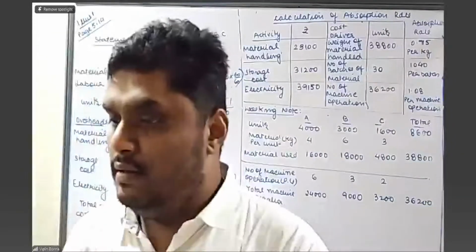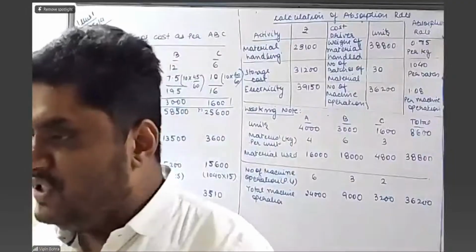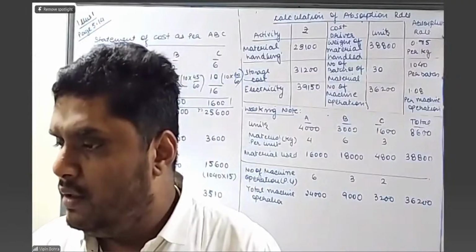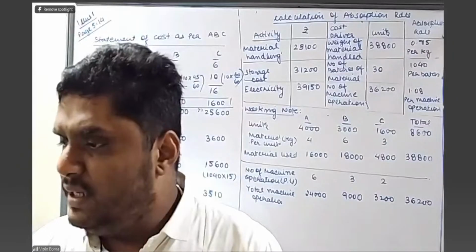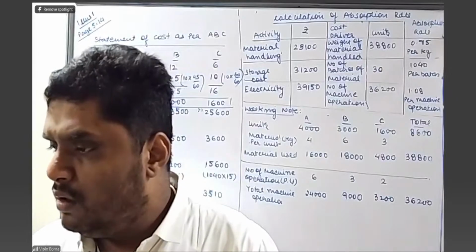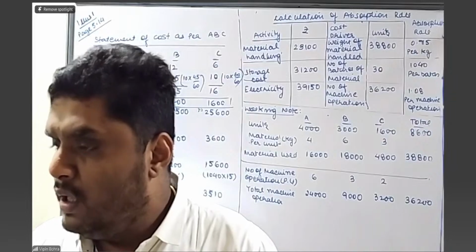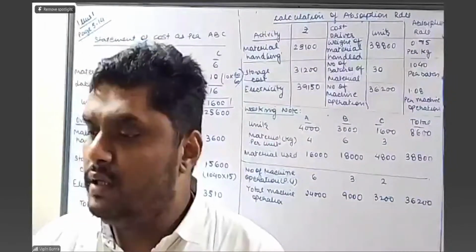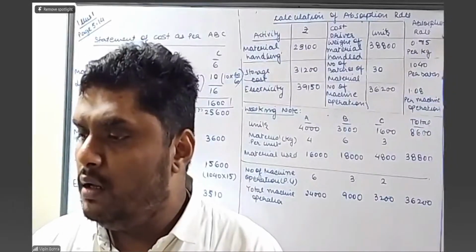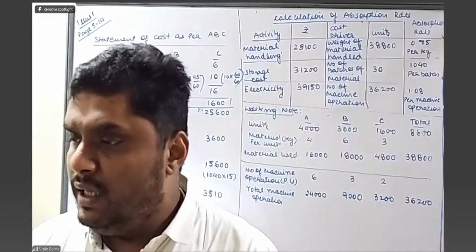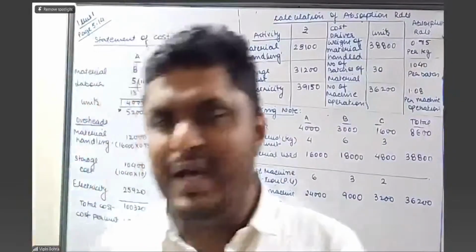Anyone else? I understand this is the first question, so you will find a lot of difficulty. Anyone else with any doubts or query? Chetra, I hope it is clear now. Hina, any doubts? Any conceptual query, you can speak up.